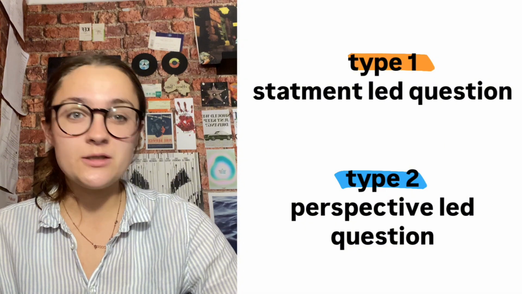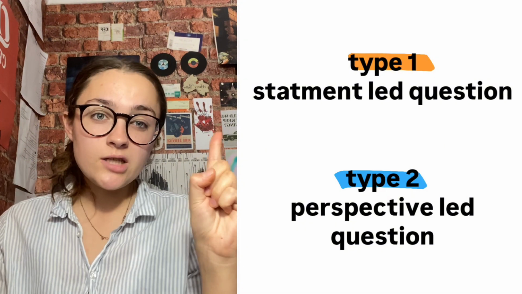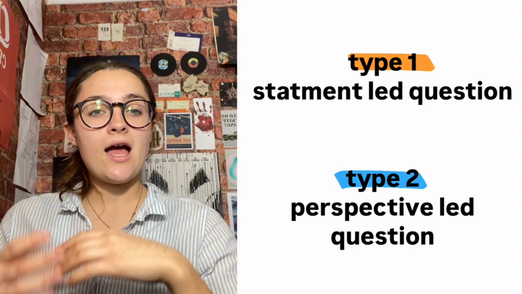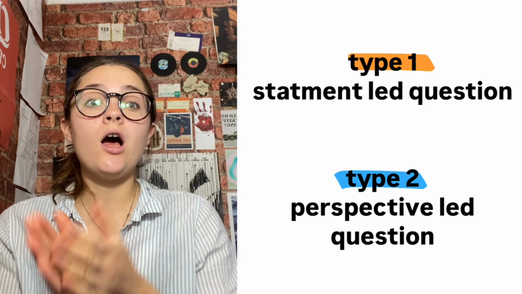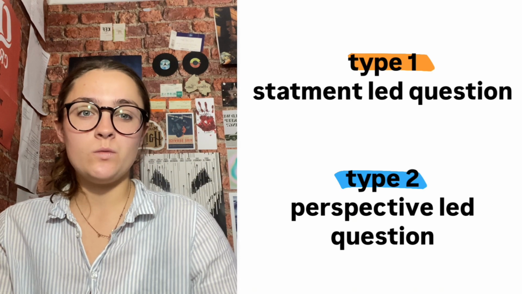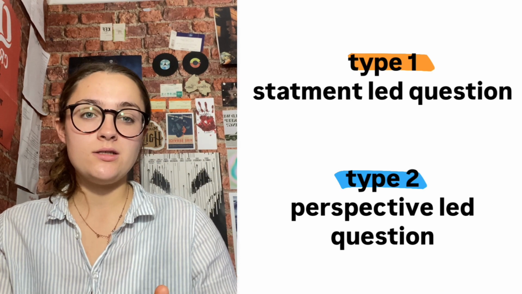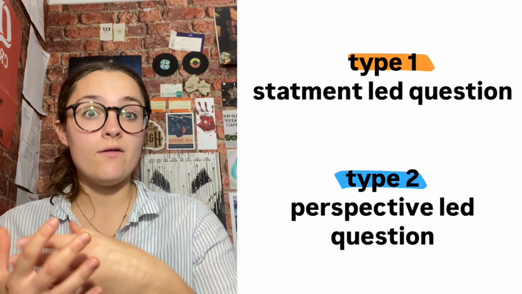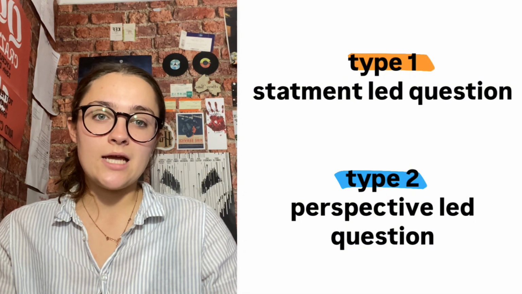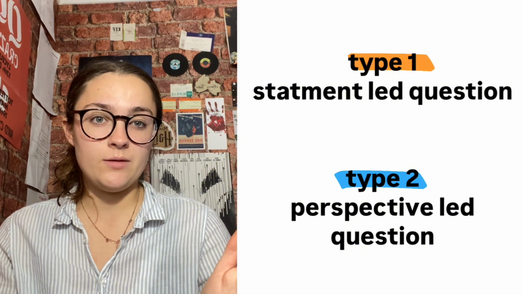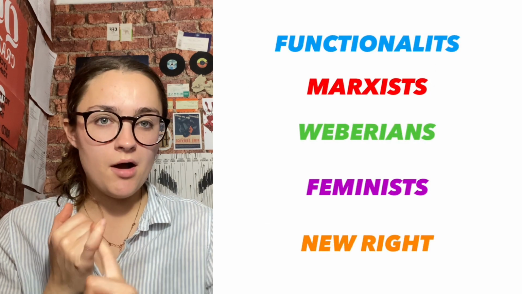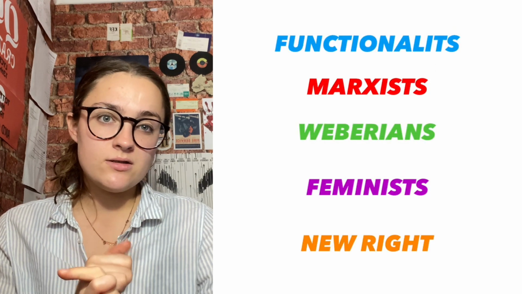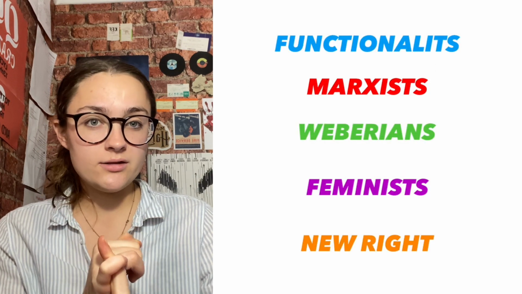Basically, the 40 markers can be asked two ways. Type 1 is assess or evaluate a view. So in the question, it will say assess or evaluate, and then it gives a view. This view usually stems from a perspective or a theory. So that's your functionalists, your Marxists, your feminists, your Weberians, your New Right.